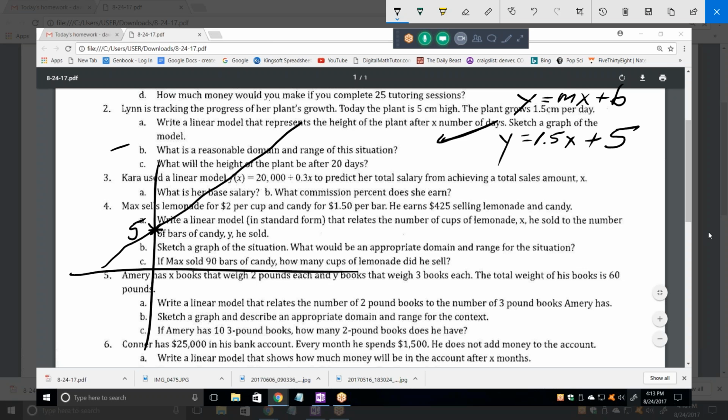You could let your plant grow for 10 days. Can x be 100? Yeah, you could let it grow for 100 days. So the reasonable domain here is greater than 0. In other words, x needs to be greater than or equal to 0.